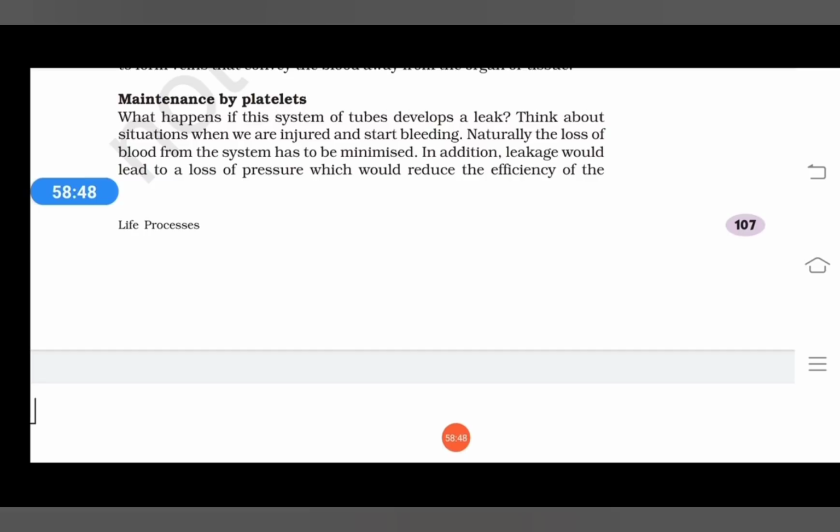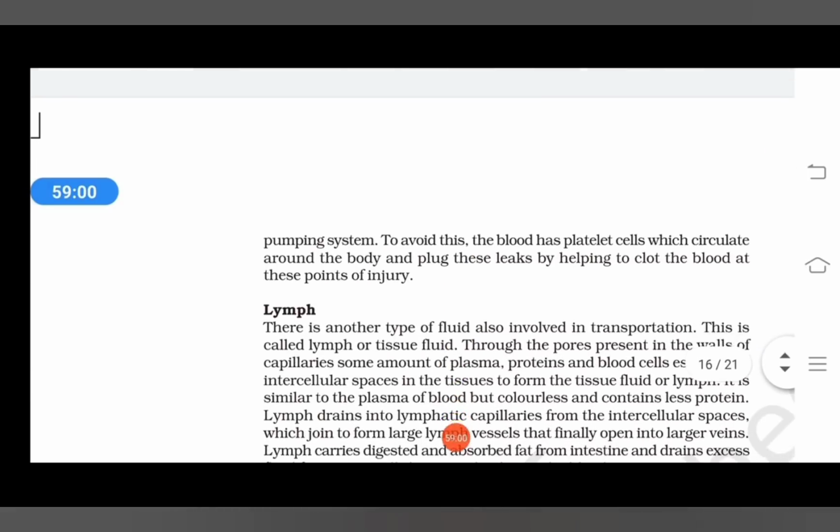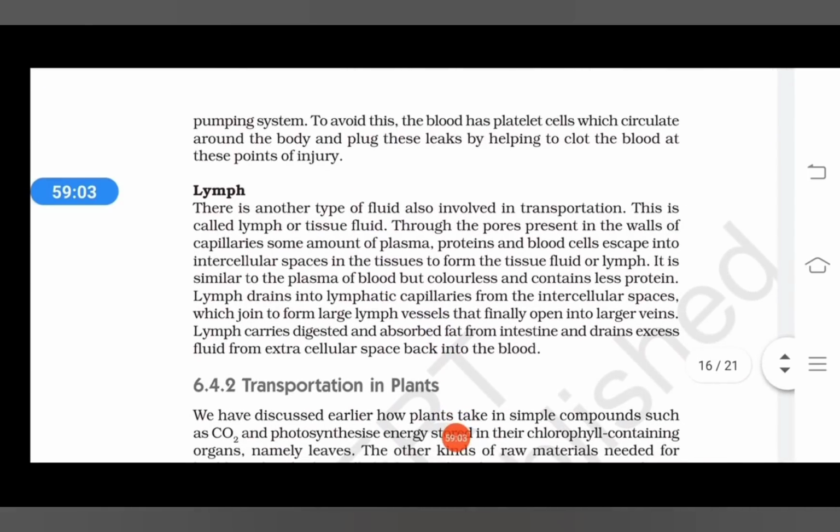Naturally, the loss of blood from the system has to be minimized. In addition, leakage leading to loss of pressure would reduce the efficiency of the pumping system. To avoid this, the blood has platelet cells which circulate around the body and plug these leaks by helping to clot the blood at the point of injury.